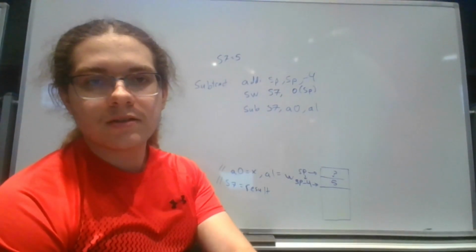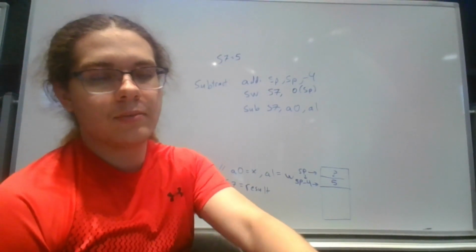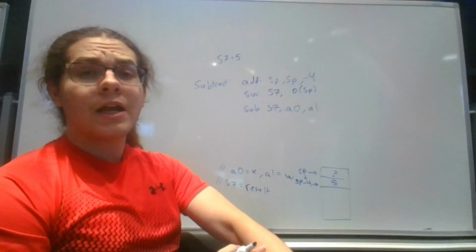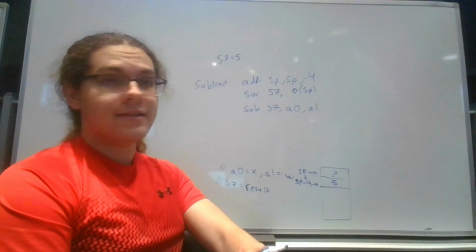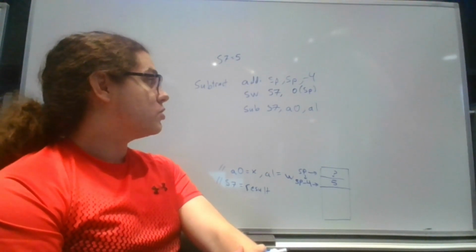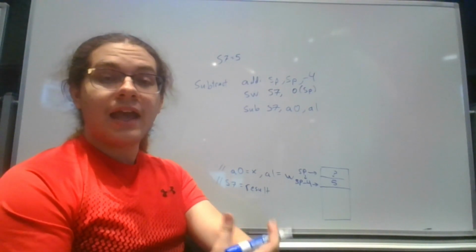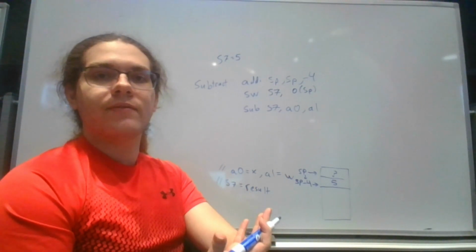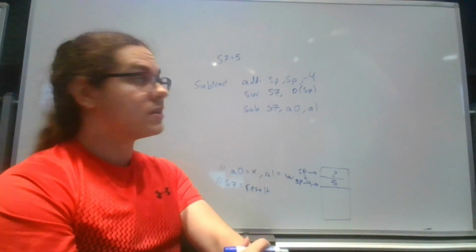So you take x minus w, x here is a0 and w is a1. You subtract the two and you just store that value into S7. So now S7 holds that value, and it's fine that we overrode whatever S7 was prior because we saved that on the stack.